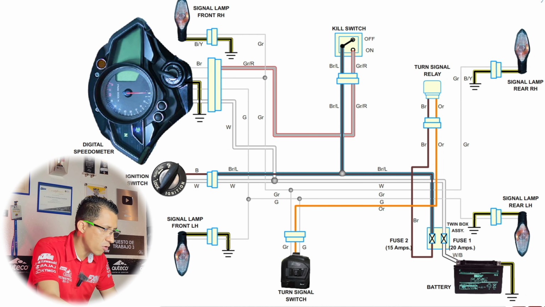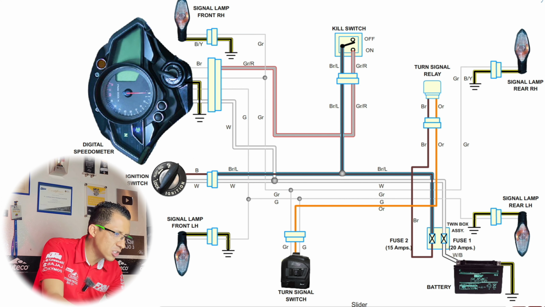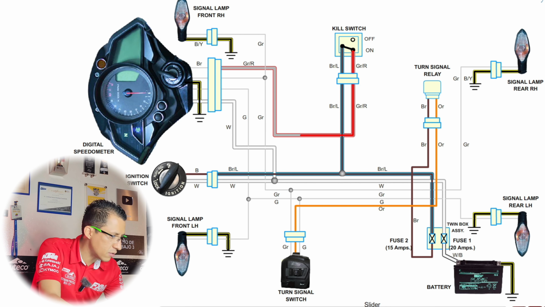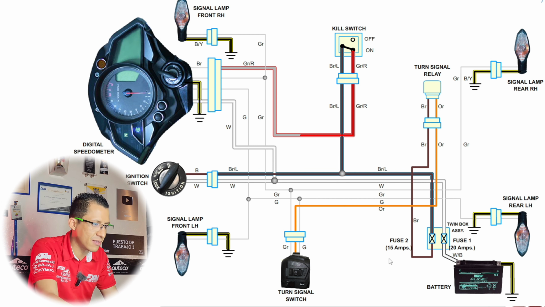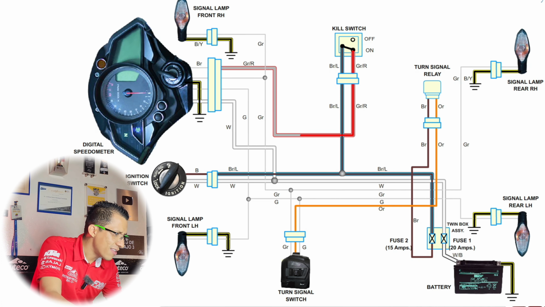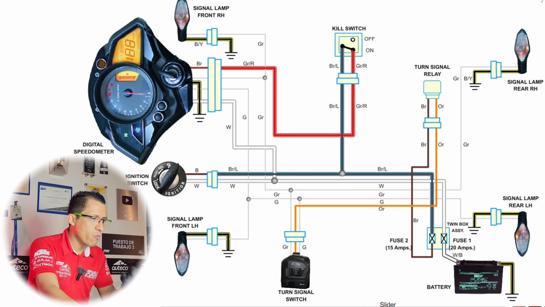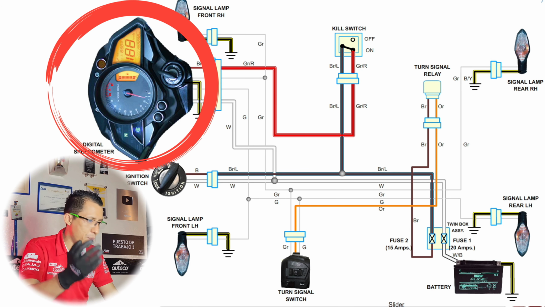Now, let's follow the flow of current. So here, when the kill switch is activated, see that this current is going to come out. The one that came through the brown with blue stripe is going to come out through the red with a stripe. And where does it go? Look, to the instrument panel, it will turn on the instrument panel.